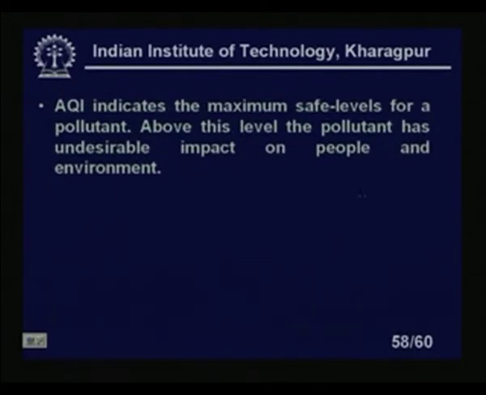AQI indicates the maximum safe levels for pollutants, and above this level the pollutant has an undesirable impact on people and the environment. So if it goes above that level, it is not good for the health of people or any animal.